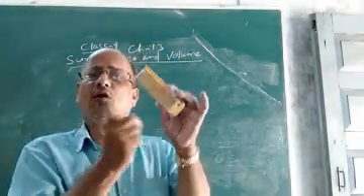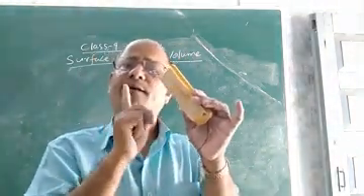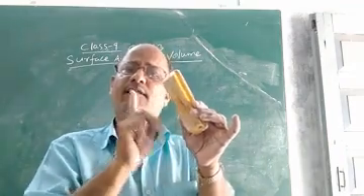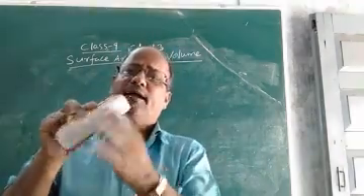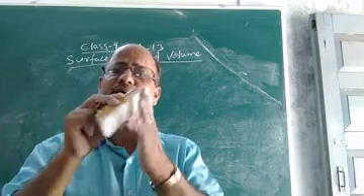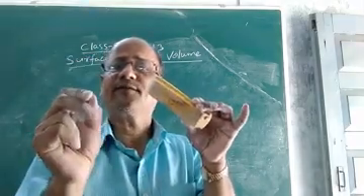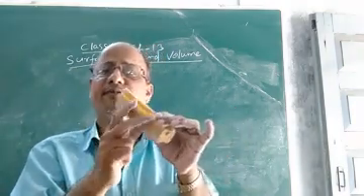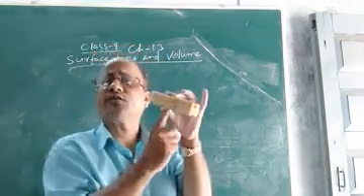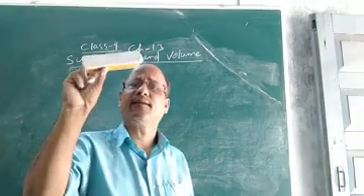A cuboid has only plane surfaces, and clearly it has 6 plane surfaces.